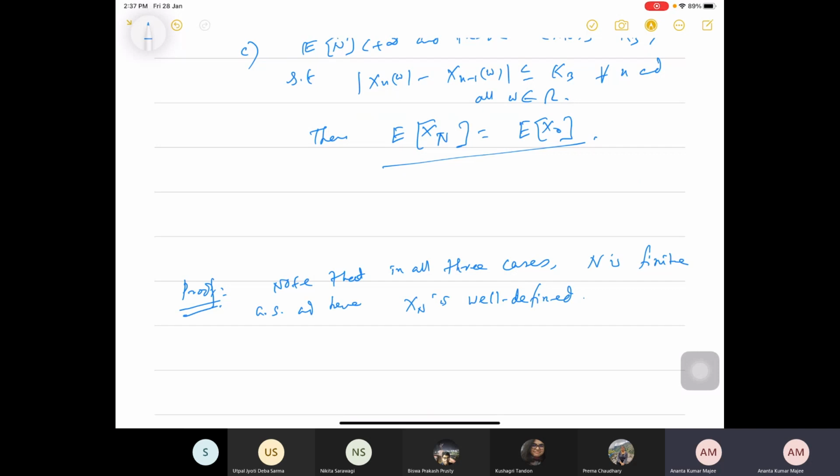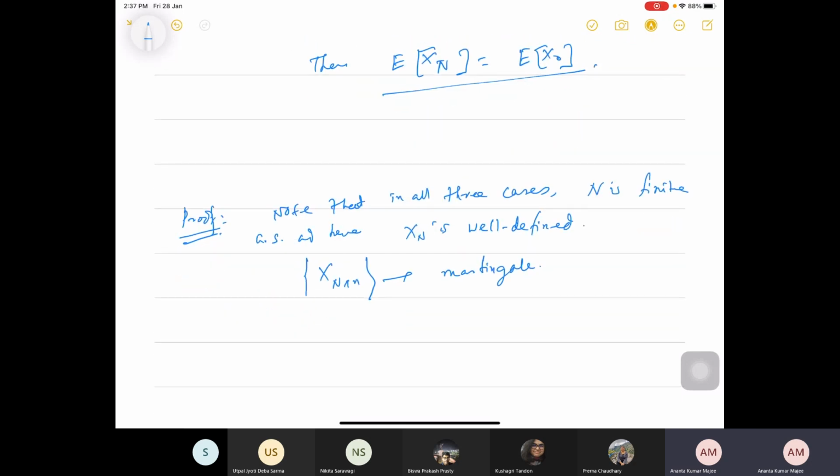Basically X_N of omega is X of N of omega, omega. This is well defined, and already we know that the stopped process X of N minimum n is a martingale. The previous things we have seen, so it is a martingale, that means it is integrable for every n, and not only that, the expectation of X of N minimum n is the expectation of X0 for all n. We have already seen it, is it not?